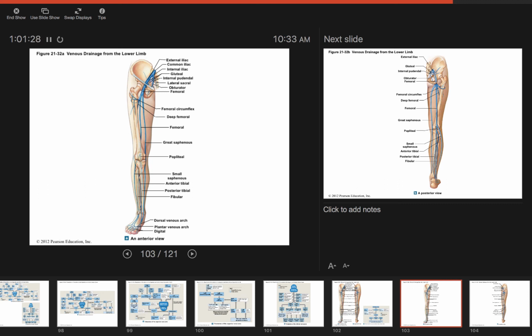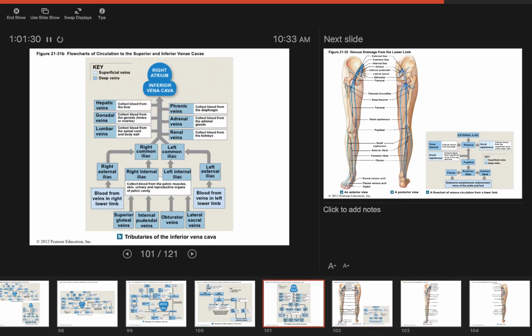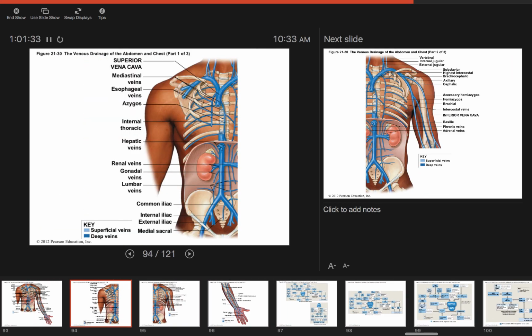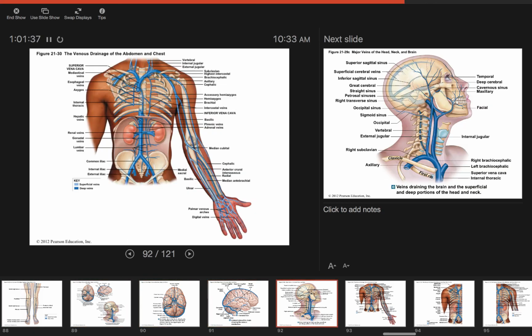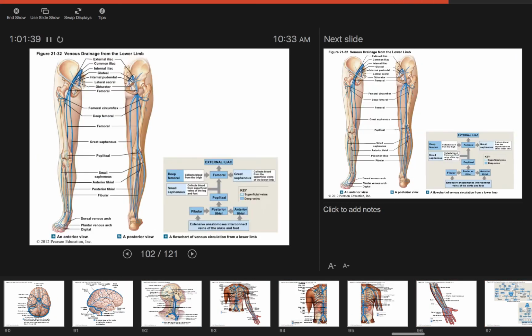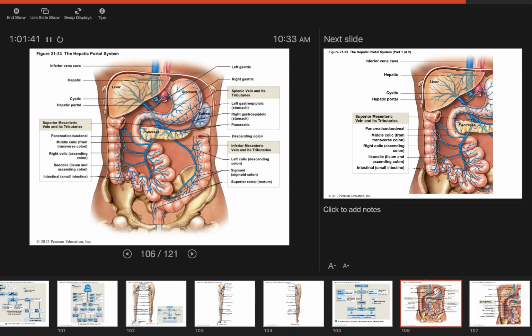Okay, then there's just one last vein that you need to know about, and this one I didn't include anywhere else because it really doesn't connect with the systemic circuit at all. It's a portal vein that goes from the intestines to the liver. It's called the superior mesenteric vein.